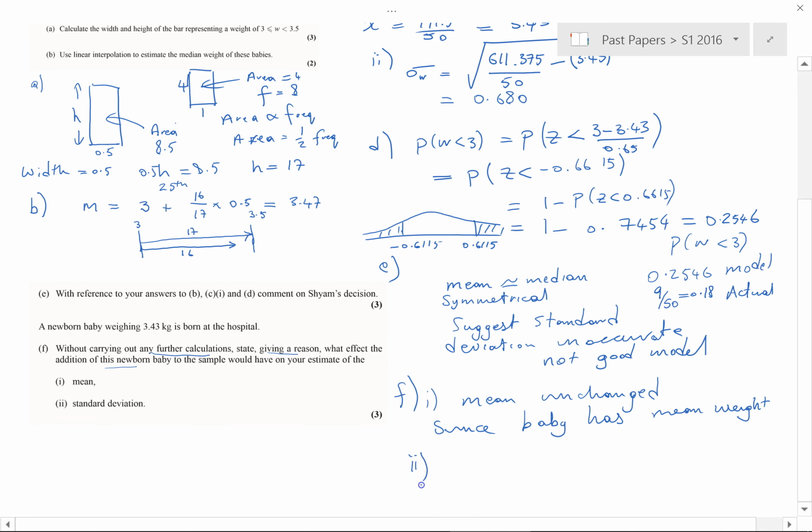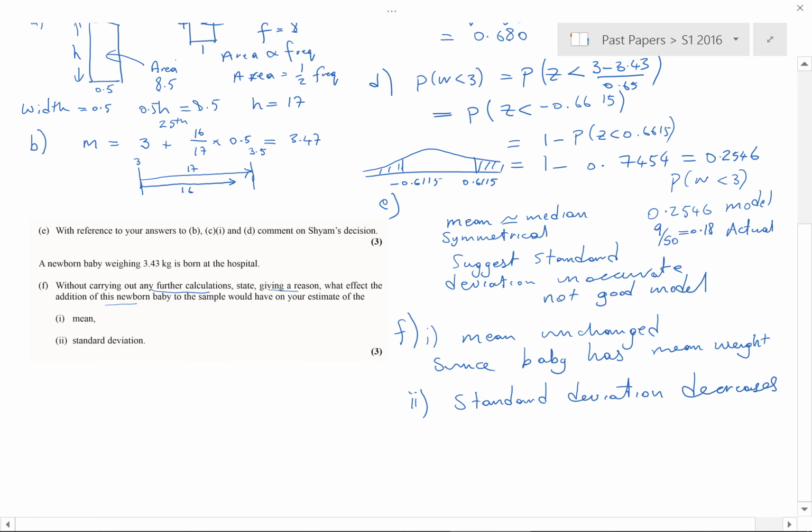Second one, the standard deviation decreases. You can't get away with just saying it obviously does. Why? I think perhaps too often, and I do this when I teach it as well, we skip over why the standard deviation is what it is.